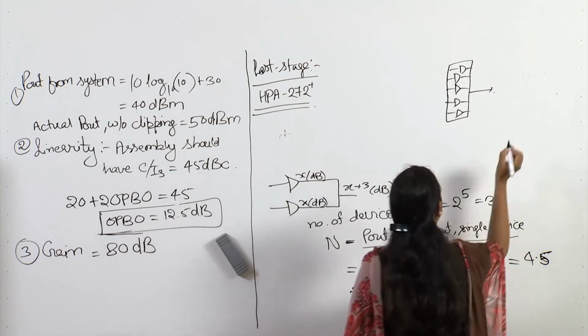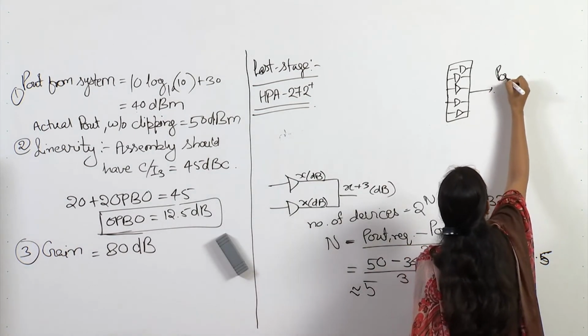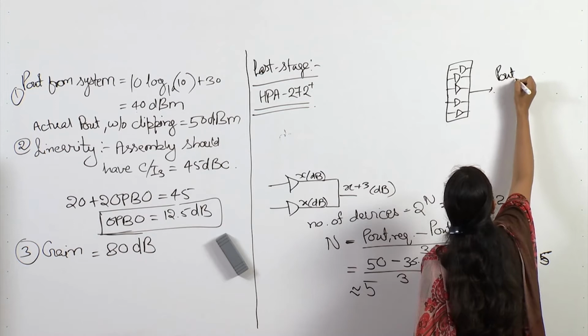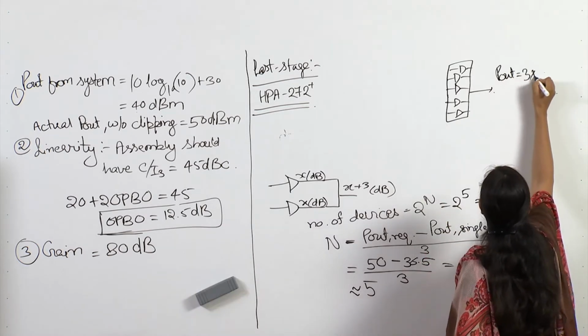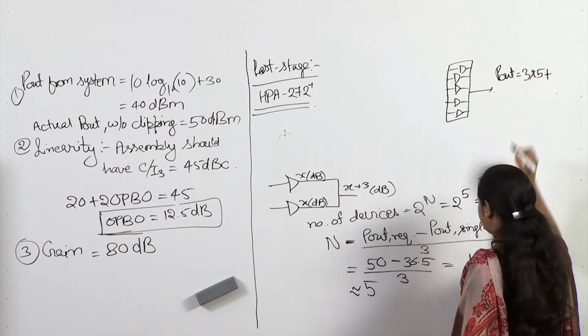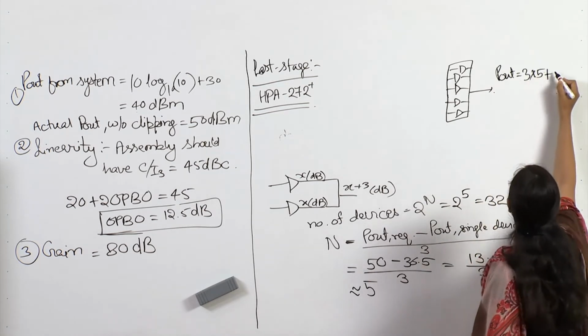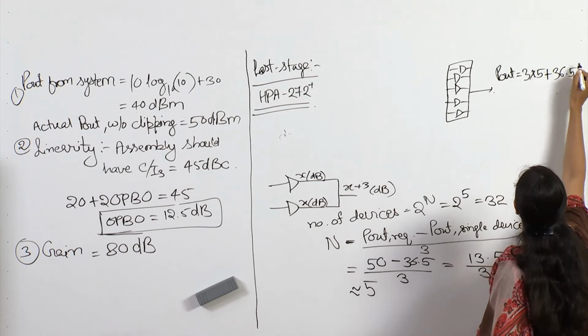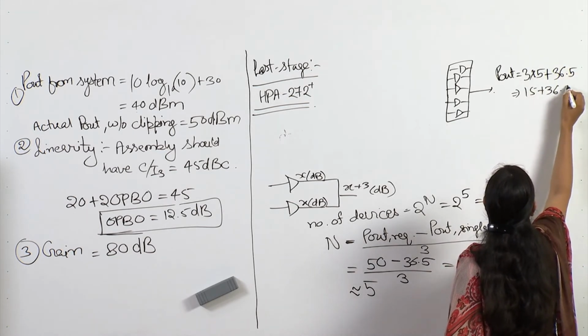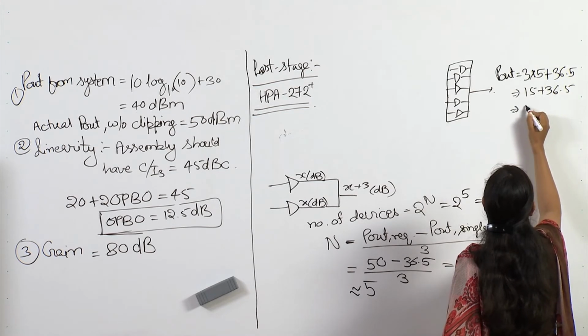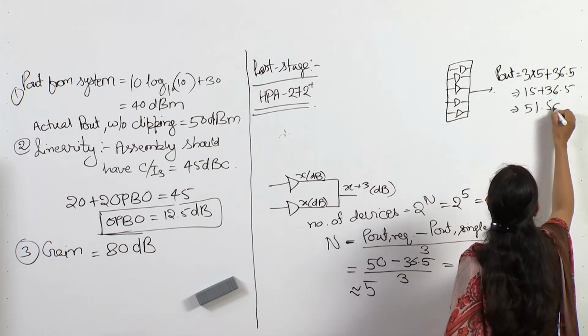So, the actual P out is 3 into 5 plus 36.5.